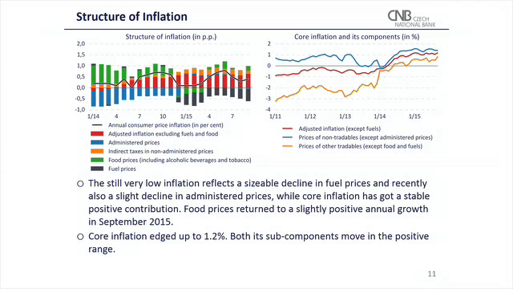While core inflation remains steadily positive, it edged up slightly to 1.2% in September, and importantly, both its two subcomponents are in the positive range. As regards food prices, they temporarily stopped increasing during the third quarter, but the last figures in September suggest that there is a tendency of food prices to start growing slowly again.